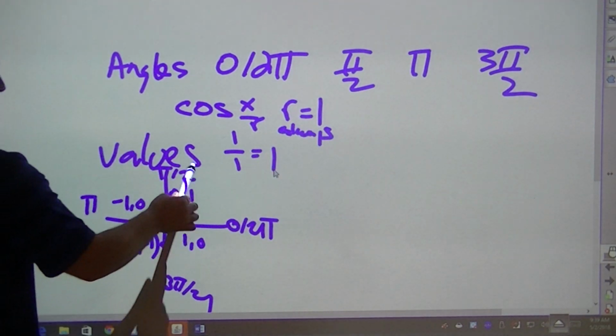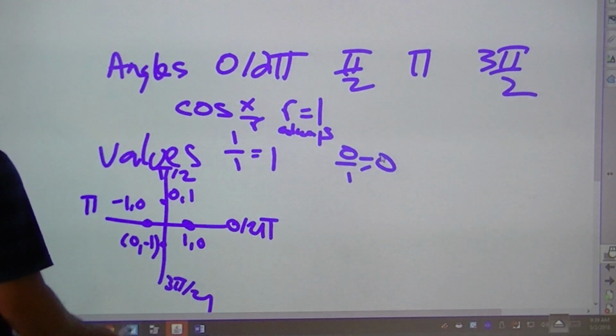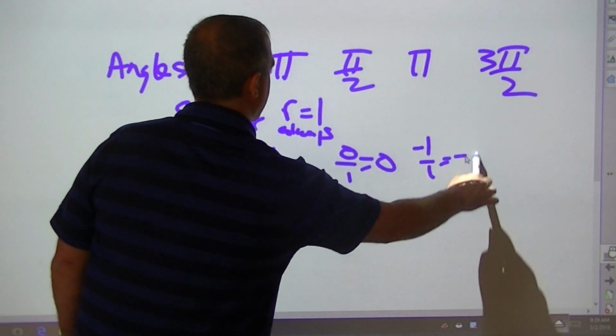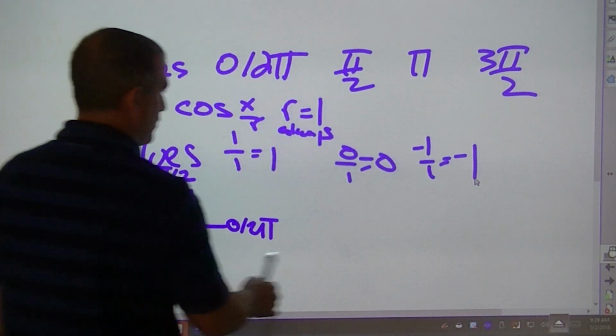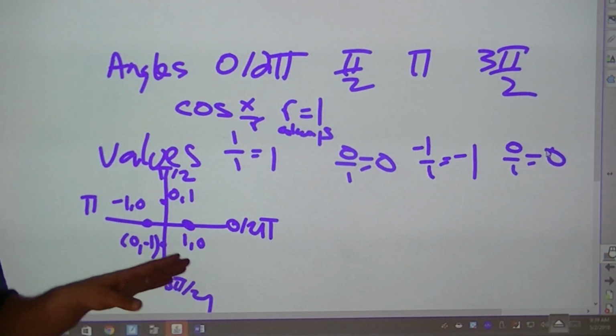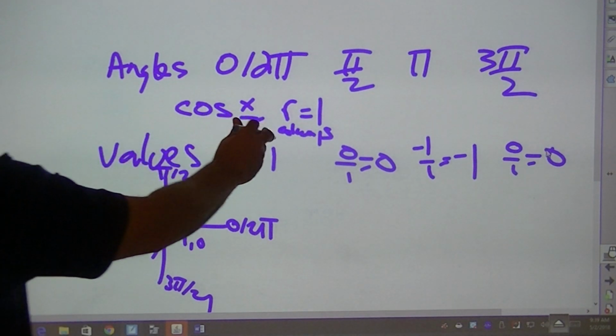At pi over 2, the x coordinate is 0, r is 1, so that would be 0. At pi, it would be negative 1 over 1, which would be negative 1. And at 3 pi over 2, the x is 0. So these are the values for cosine, and I'll be going through those each time. For all intents and purposes, you should have those written down.